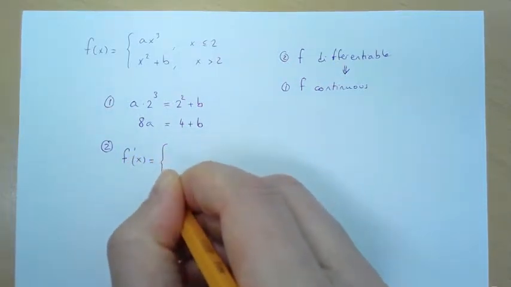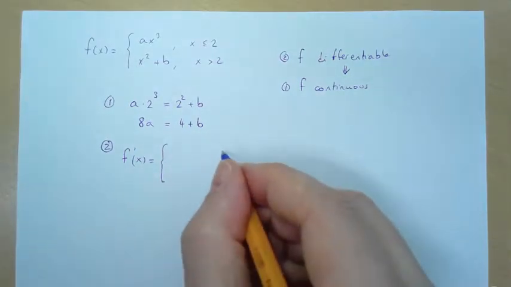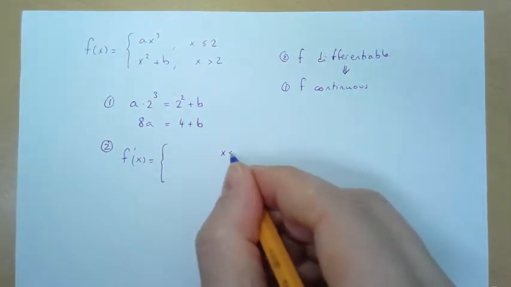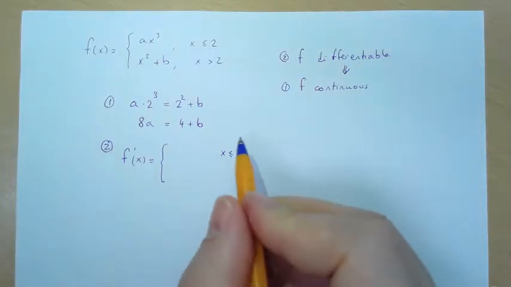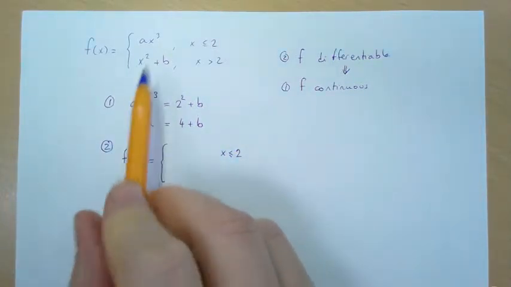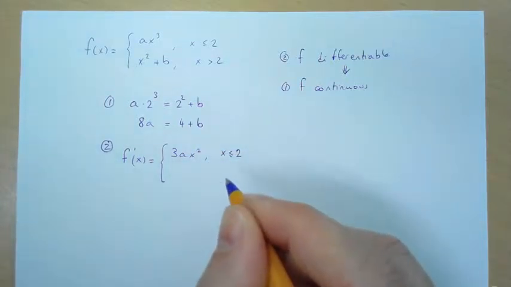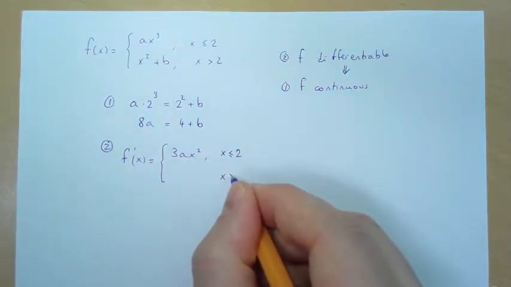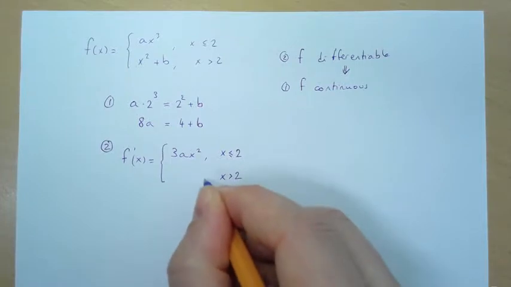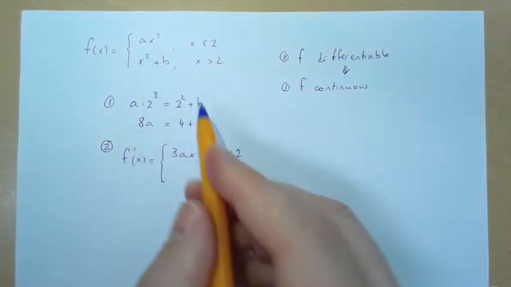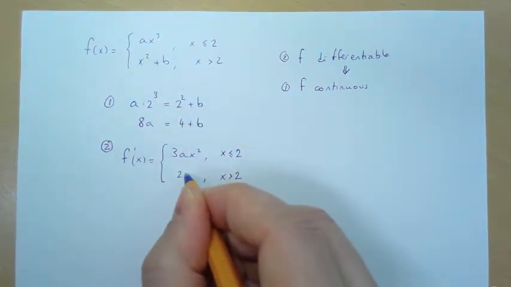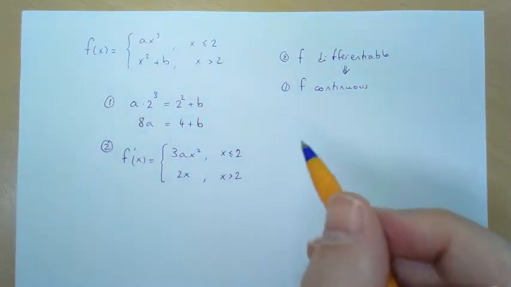Let's find out what the derivative of f is. This is also a piecewise function. On the left, for values less than or equal to 2, we are going to have a derivative of 3ax squared. On the right, for values of x greater than 2, the derivative is going to be 2x plus 0.